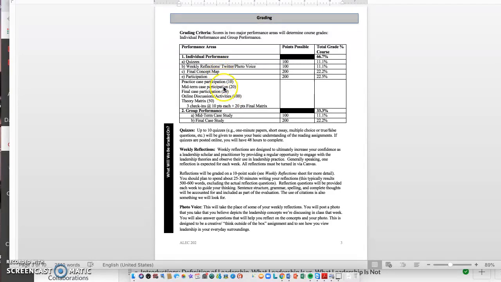And then you are also filling out a theory matrix for each unit, and that is how that theory works given the process. And there's a video that explains how the theory matrix works. At the end of the term, you have a final concept map of all the theories together, plus there is a midterm case study and a final case study.